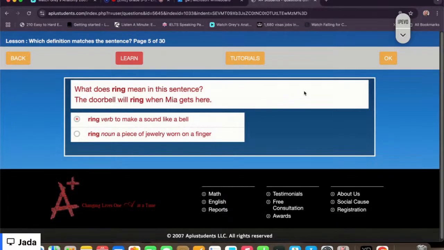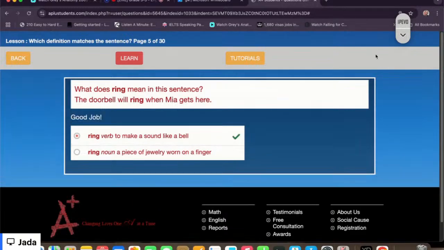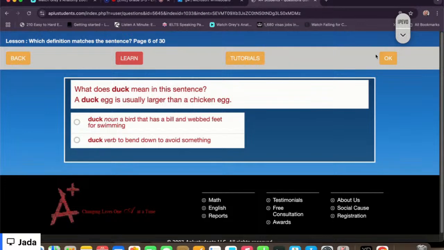So we have the verb here, to make a sound like a bell. A dog egg is usually larger than a chicken egg. Is it the first or second?